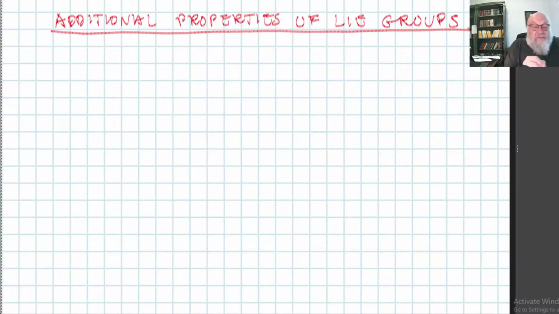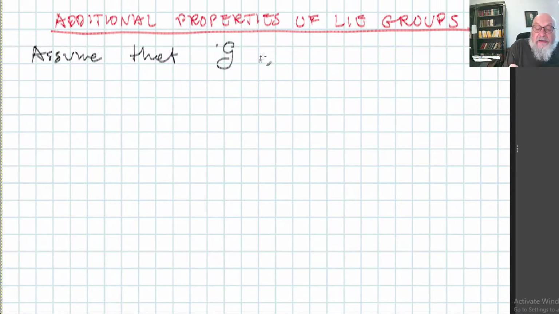First assume that G is a Lie group, not necessarily compact.